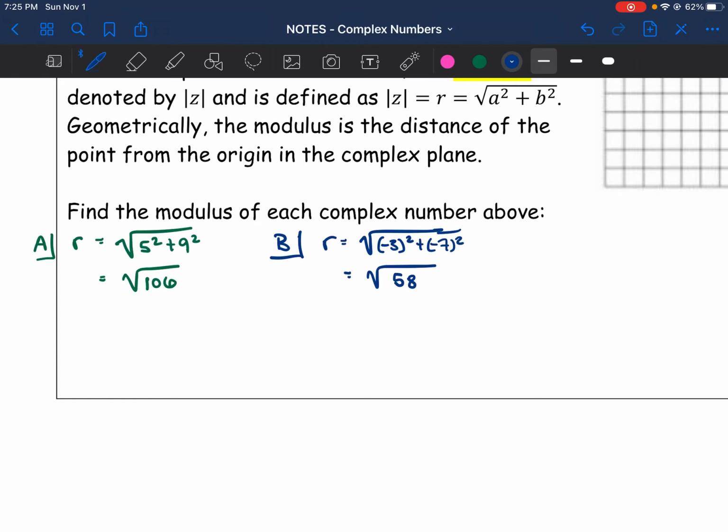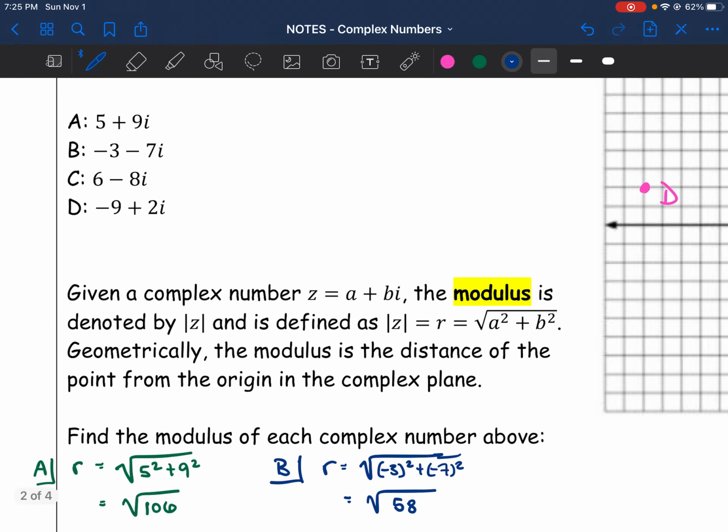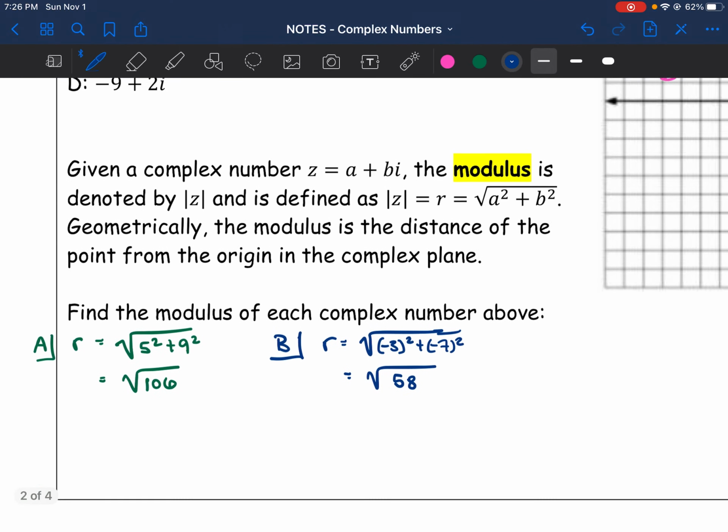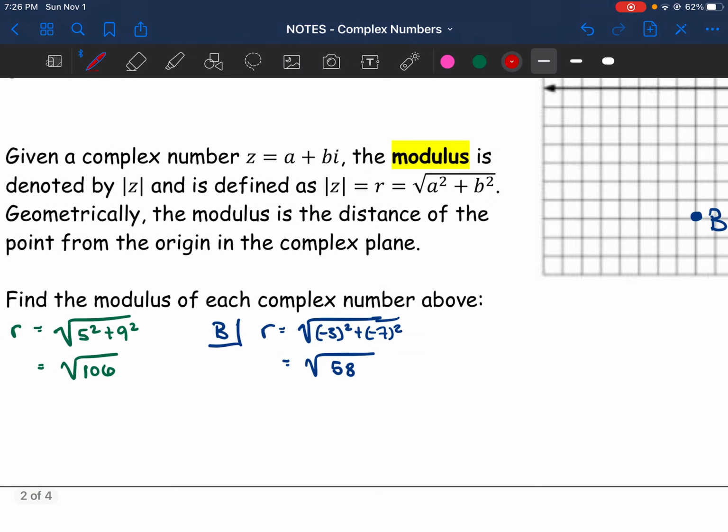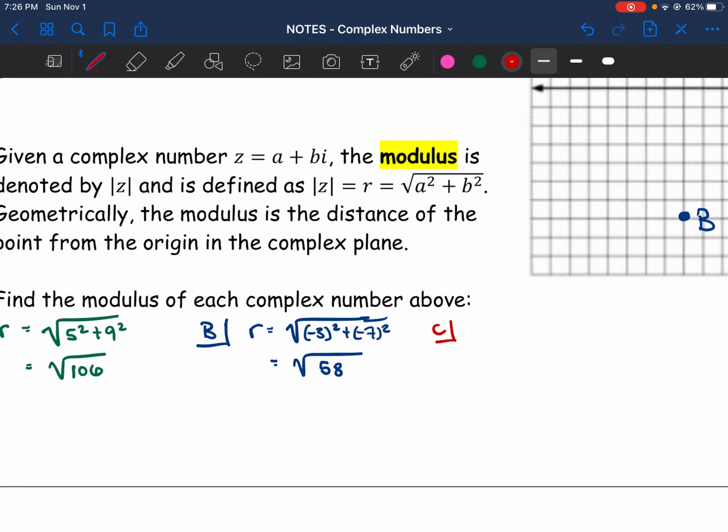Square root of 58 should already be simplified if I'm remembering correctly. Yep, because that's going to be 29 times 2. 29 is a prime number, so it can't be simplified any further than that. Point C is 6 minus 8i. We did point C in red. So we're going to have R, the modulus, is equal to square root of 6 squared plus negative 8 squared.